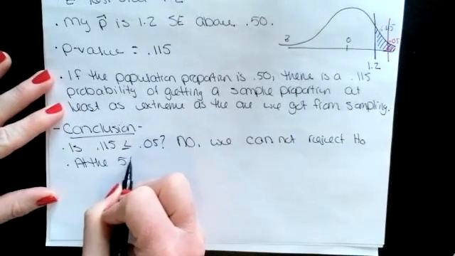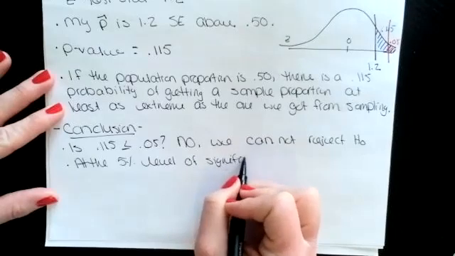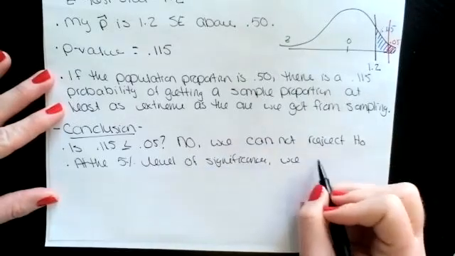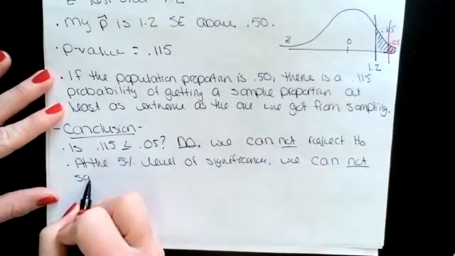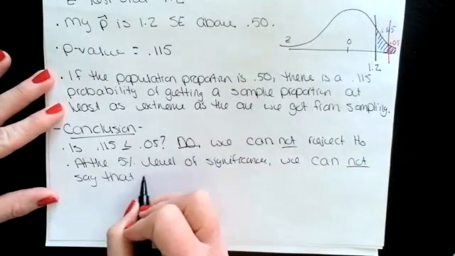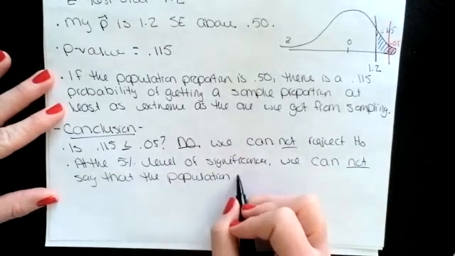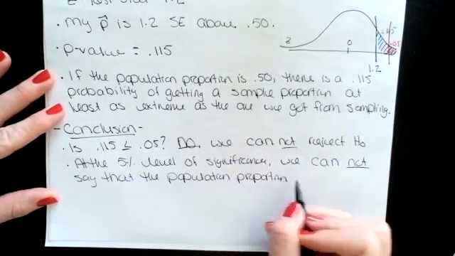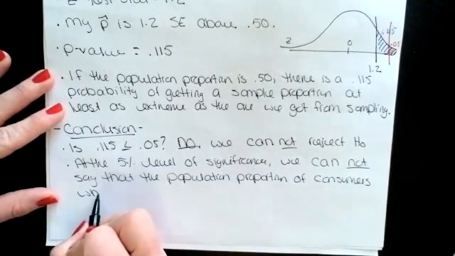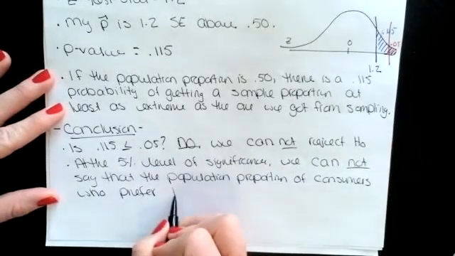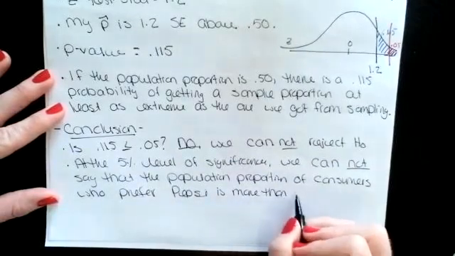So at the 5% level of significance, we cannot say, now I'll rewrite my goal, that the population proportion of consumers who prefer Pepsi is more than 50%.